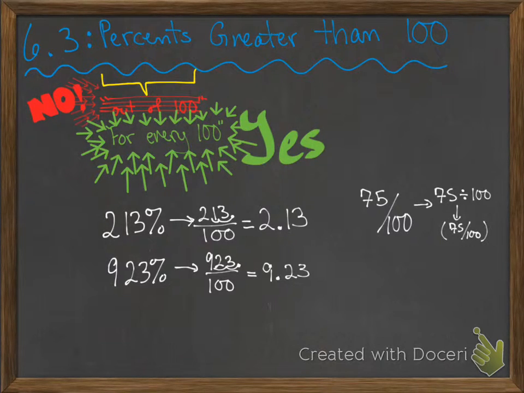Fractions and division are the same thing. And your calculator would tell you 0.75, but you didn't get 0.75%. You have to change that into your percentage, so you multiply it by 100, and you actually got a 75%.